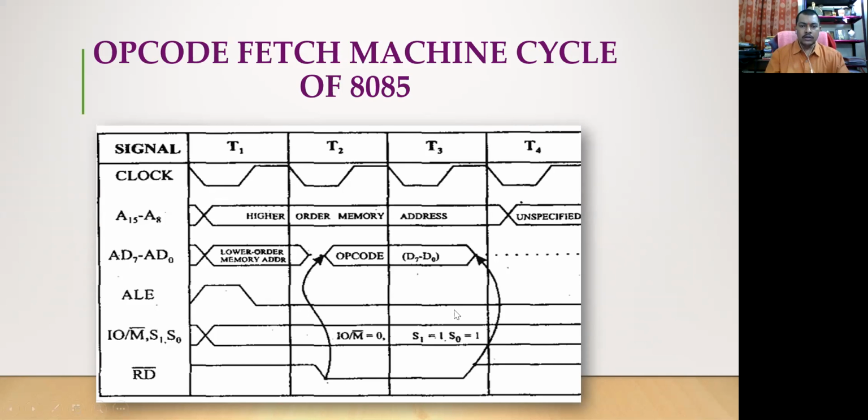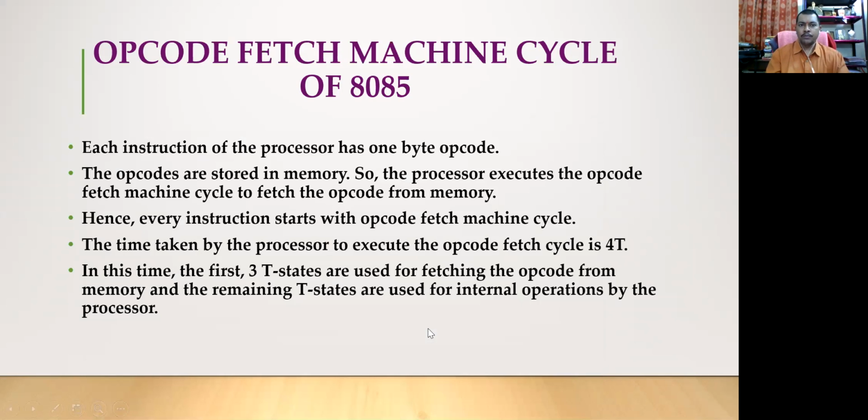Then similarly, for the next opcode fetch machine cycle, I have told you this. Each instruction of the processor has a 1 byte opcode. Like we have written MVI A, 03, then 3E is the opcode.